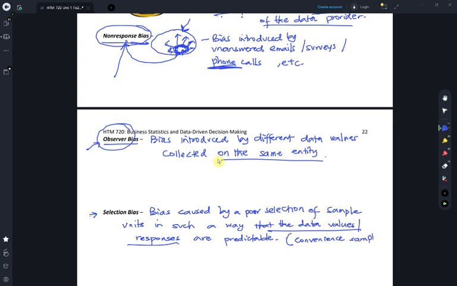If we select sample units in such a way that they are predictable, for instance, if a politician asks his neighbors about a controversial issue, the response or the data values that he will get are almost predictable. More likely than not, the neighbors are likely to say things that align with his interest. And that might not be truly reflective of the general population characteristic. It means that at the end of the day, the results obtained from analyzing the responses from the neighbors would be plagued or affected by selection bias.